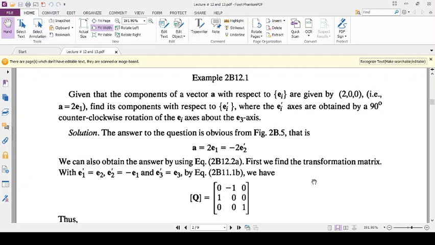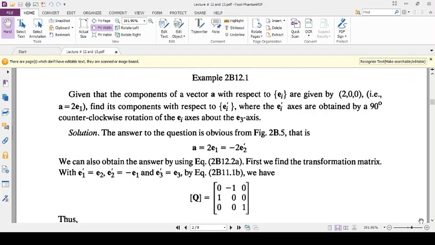Simply where you can use the angle theta equal to 90, and you can have E1 dash equals E2 and E2 dash equals minus E1, E3 dash equals E3, because we are taking rotation about x3 axis. Also you can simply see that if you will move from E1 to E2 with a 90 degree angle, then your E1 dash will be parallel to E2 and your E2 dash will be parallel to minus E1.